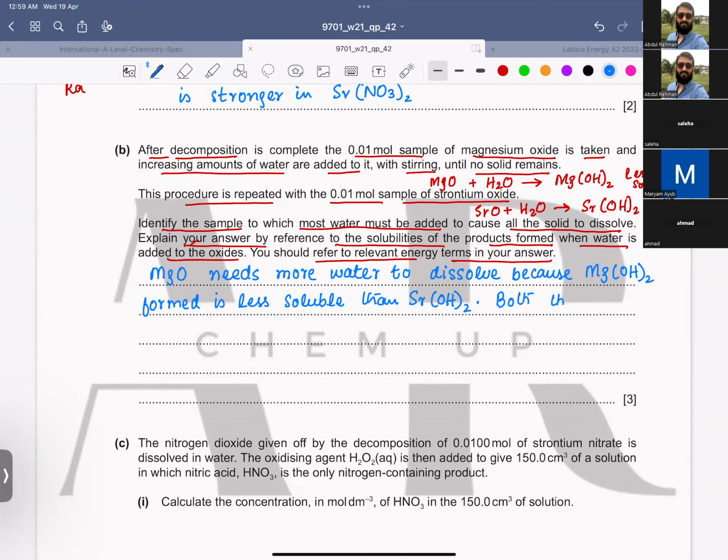Both the lattice energies and the enthalpy change of hydration decrease from magnesium 2+ to strontium 2+.